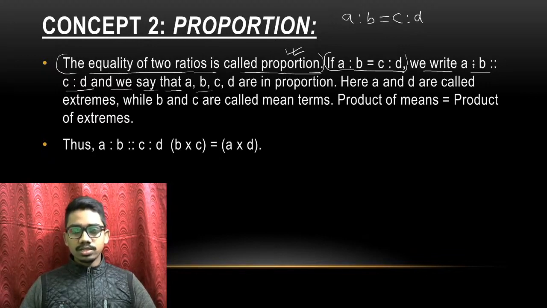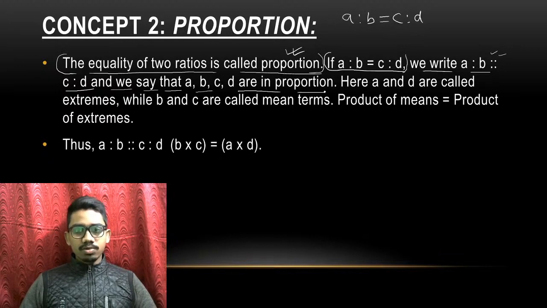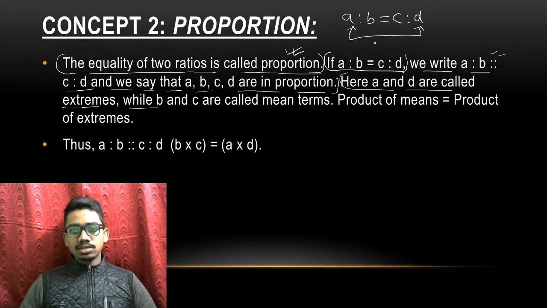So one colon is written over here, A colon B, so it is called is to, and here two colons, this colon and this colon, and this is in proportion to C ratio D, and we say A, B, C, D are in proportion. Here A and D are called extremes. Okay, so A and D are extremes.